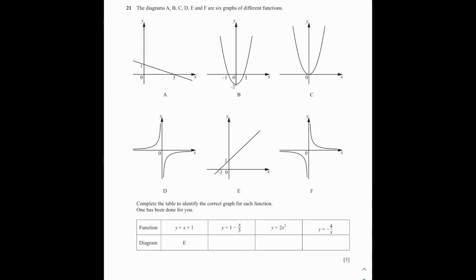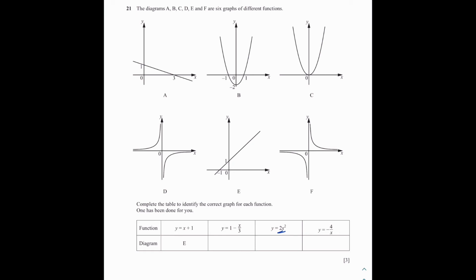The diagrams A, B, C, D, E, and F are 6 graphs of different functions. On the table, identify the correct graph for each function. Okay. 2x squared, we can identify that first. 2x squared is a parabolic curve, so it's either going to be B or C. And it can't be B because our y would never be negative.